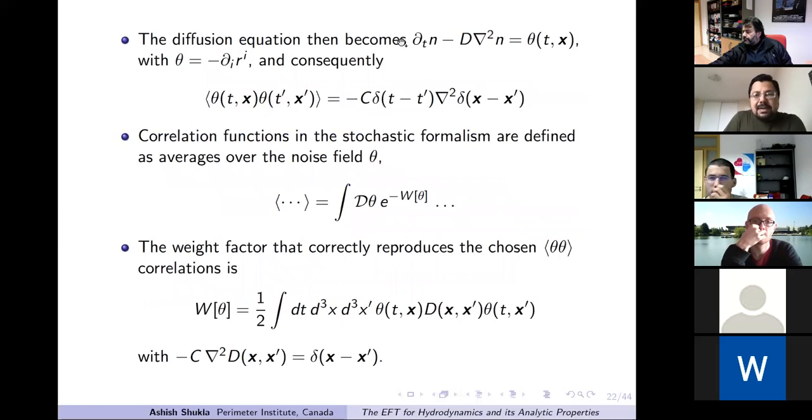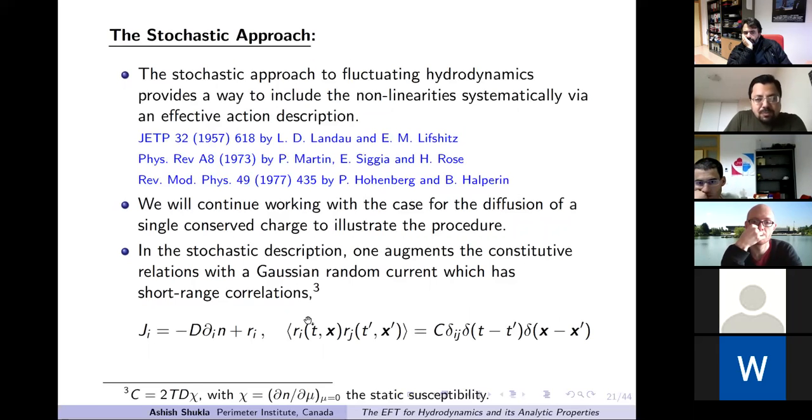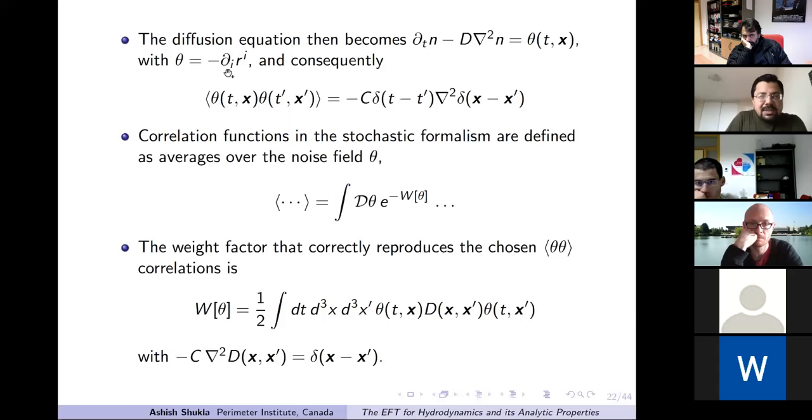I end up getting a Langevin type equation for the charge density fluctuations: del_t n minus D grad squared n equals theta, where theta is minus del_i R^i. And since R^i has been assumed to have short range Gaussian correlations, I can compute what the correlations in theta would look like. Because theta is just del_i R^i, I'm getting the theta 2-point function to be like this. This is also short range.